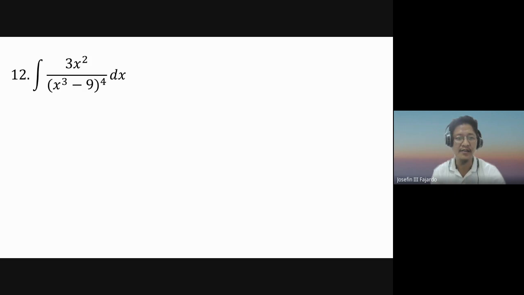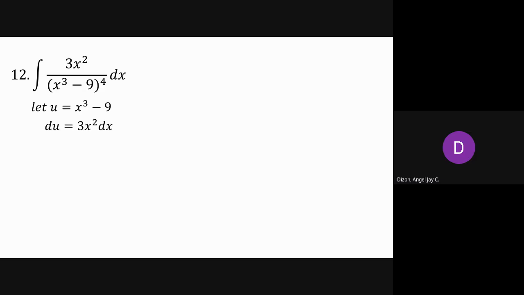Notice if I let u to be the base of the exponent in the denominator, so we have u to be x cubed minus 9. And I get the derivative of this, so du will be equal to 3x squared dx. Tama ba yan, guys? Opo, sir.